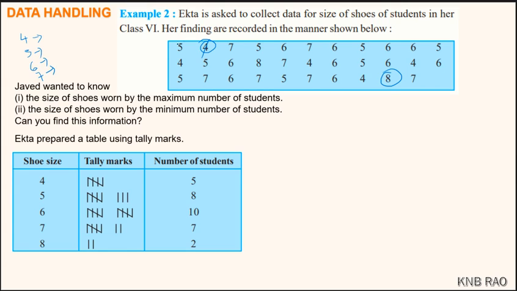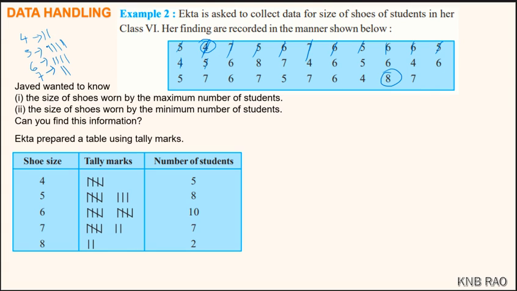I can count by looking at this: 5, first; 4, first; 7, first; 5, second; 6, first boy; 7, this is the second boy with the 7 size; 6, second boy of the 6 size; 5, third boy of that 5 size; 6, this is the third boy of 6 size; 6 again, this is the fourth boy of that 6 size; and fifth 5, that means the fourth boy of the size 5; and 4, this is the second boy.